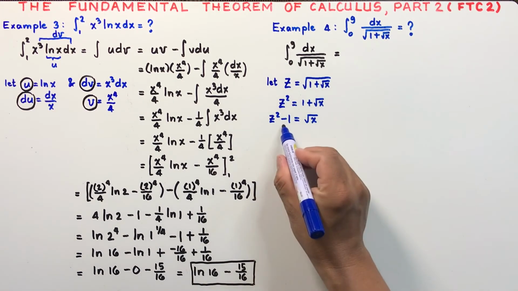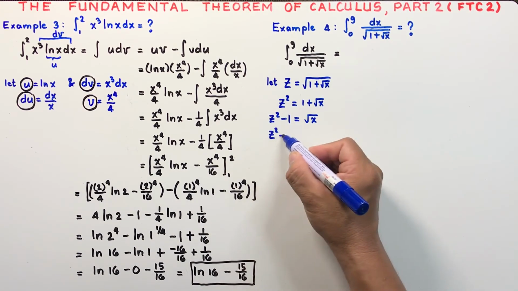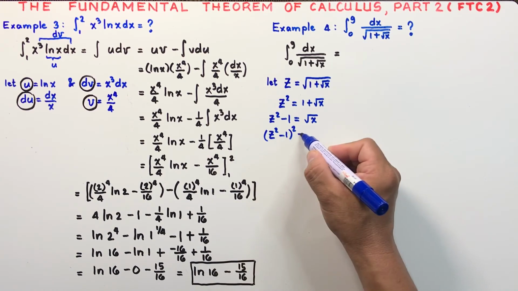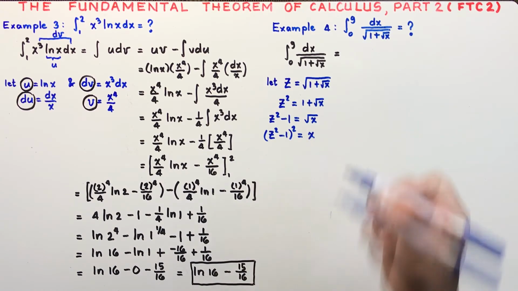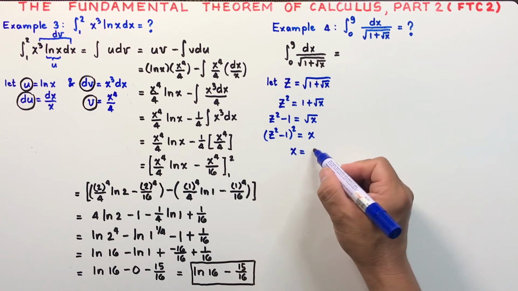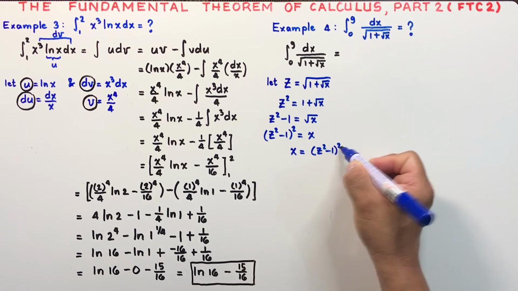And squaring both sides of this equation, we have z squared minus 1 quantity raised to the second power is the value of our x. So therefore, our x is the square of z squared minus 1.